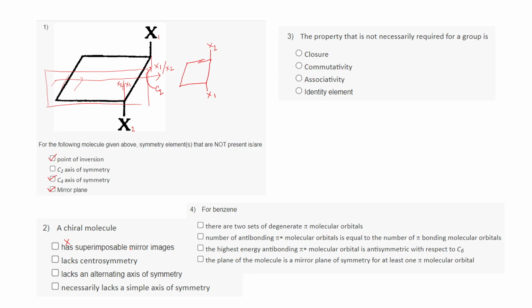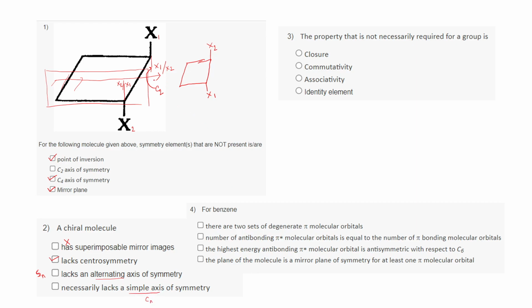What do you think? Does it have a center of symmetry, or does it lack a center of symmetry? It lacks a center of symmetry. Yeah, you are correct, so it will not have a center of symmetry. And what about an alternating axis of symmetry? That is an Sn, I hope you know. Sn is an alternating axis, and the principal or simple axis is denoted by Cn.